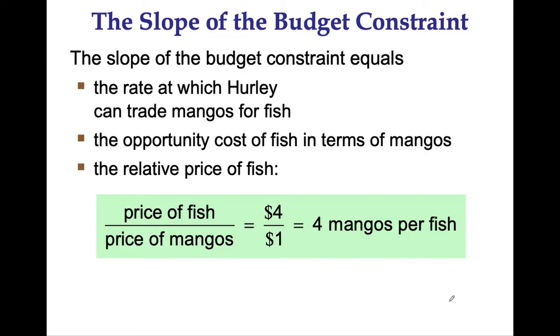Give me 4 mangoes, I give you 1 fish. Suppose we are in an economy where transactions are between mangoes and fish, we trade fish for mangoes. So the consumer, to get 1 more fish, should bring with him 4 mangoes.